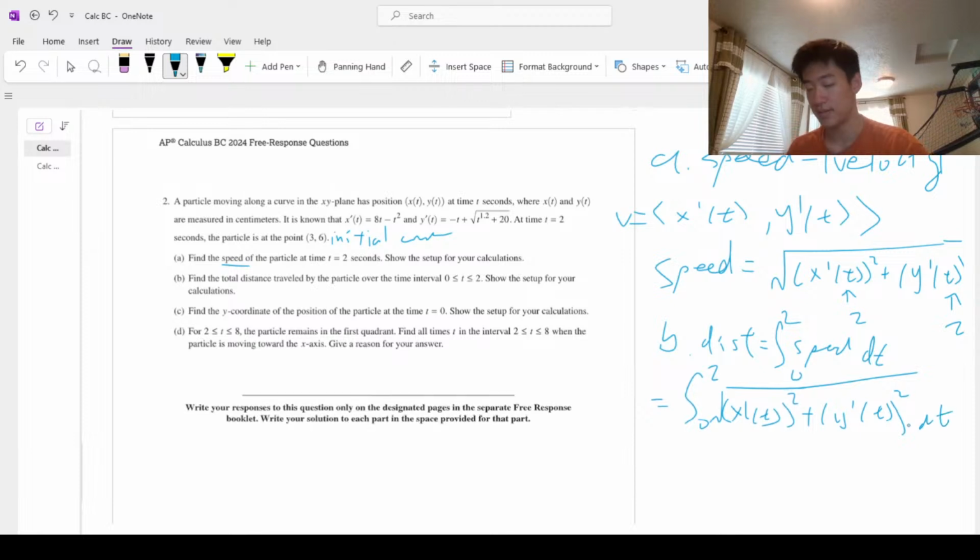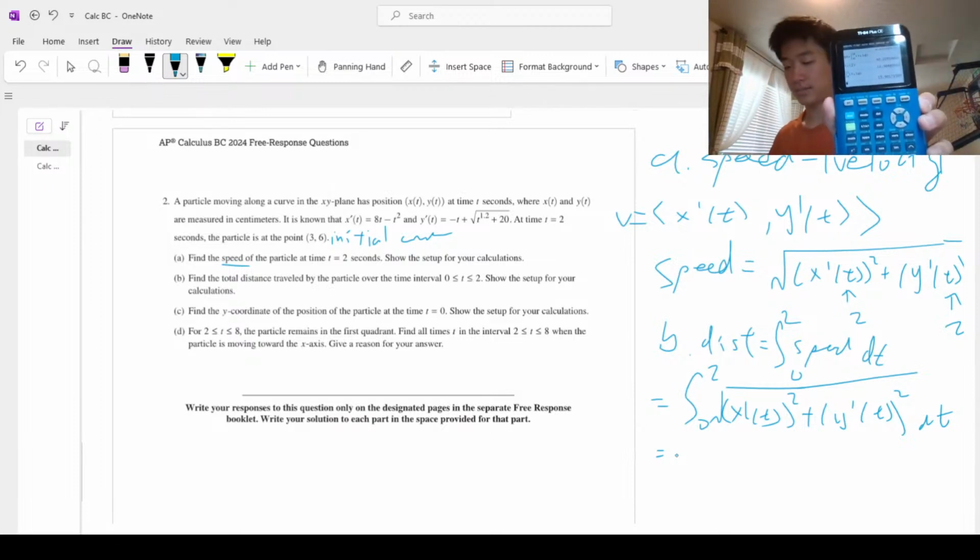And the nice thing about this is that you can just take y1 from your calculator and put it into your entry bar. So 0 to 2, and then just put y1 in here, and that's already a function, so you can just put dx after that, and it should look something like this.